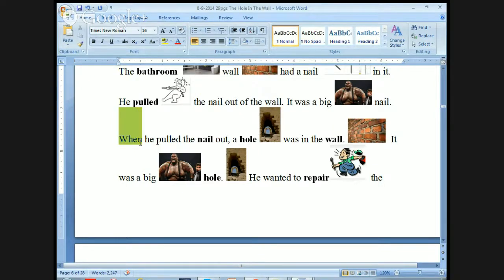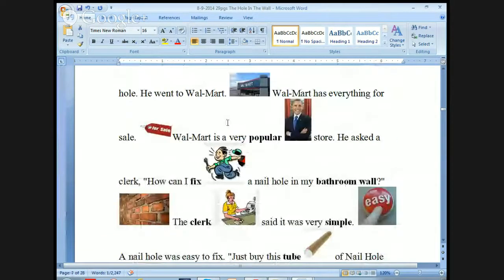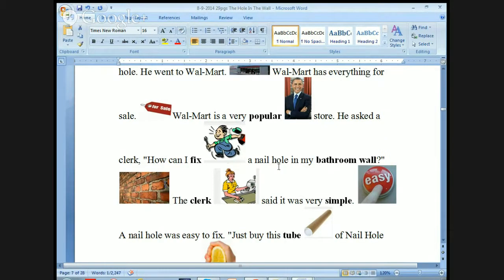The bathroom wall had a nail in it. He pulled the nail out of the wall. It was a big nail. When he pulled the nail out, a hole was in the wall. It was a big hole. He wanted to repair the hole. He went to the Walmart. Walmart has everything for sale. Walmart is a very popular store. He asked a clerk, how can I fix a nail hole in my bathroom wall?